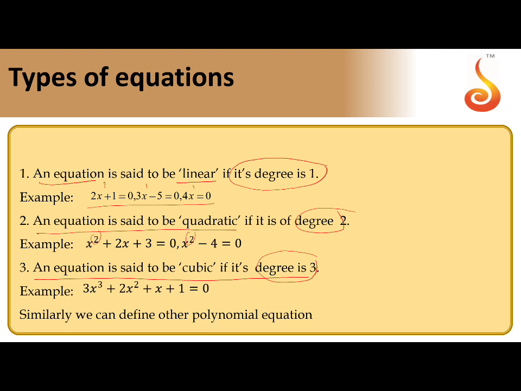Similarly, we can define the other polynomial equations. There is one more, that is the fourth degree equation. What do we call the fourth degree? It has a name: biquadratic. We call it a biquadratic polynomial equation. So the degree is what? Fourth degree.